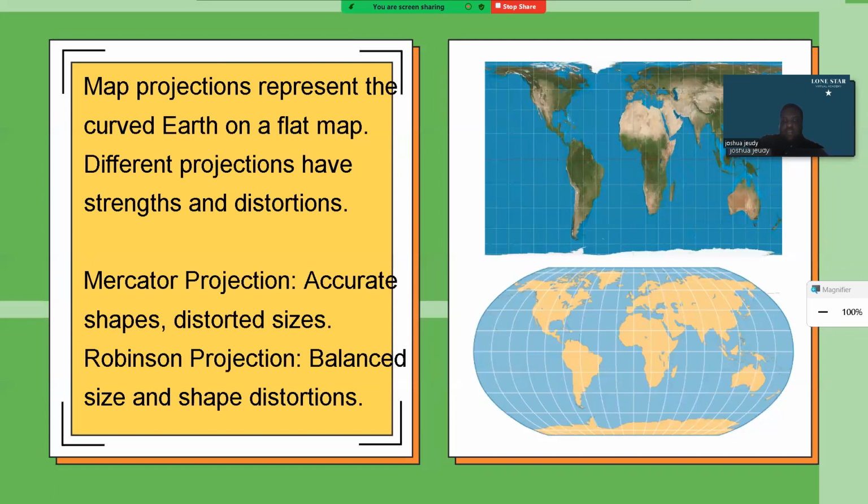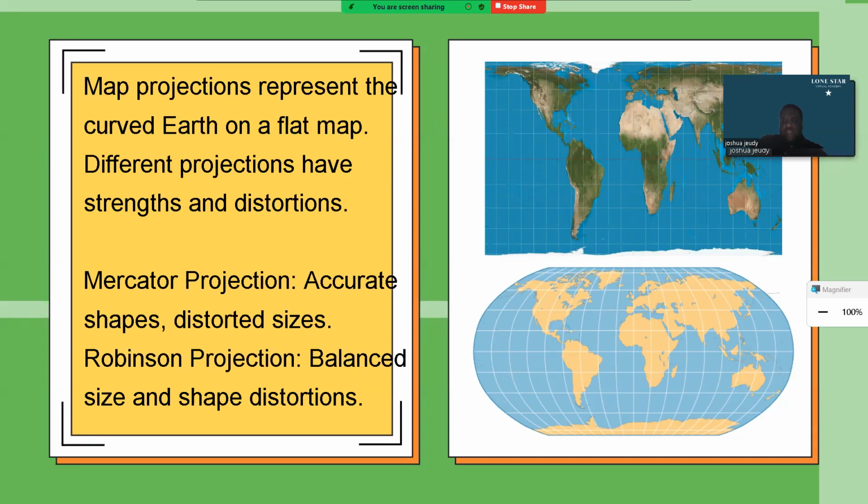The continents look accurate. The oceans look accurate in their shape. However, their size is not accurate, how large they are, because how large they are kind of influences how accurate the map looks, or how wonky the map looks. You have a different type of map projection called the Robinson projection that kind of does the opposite.